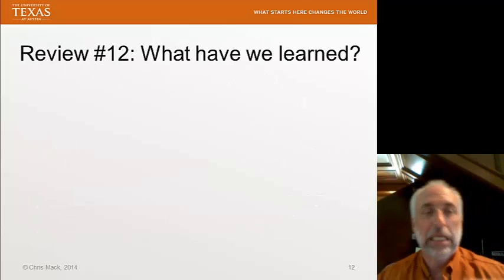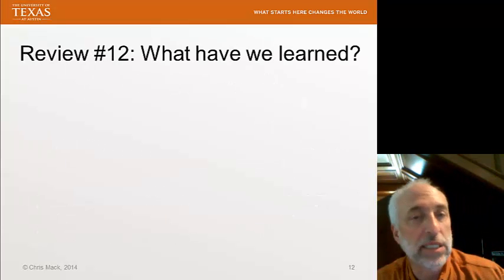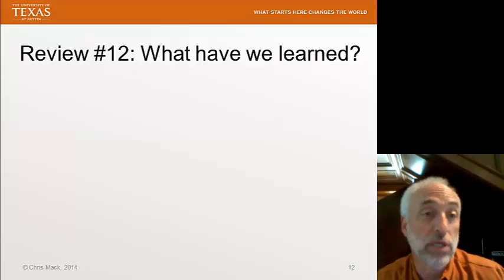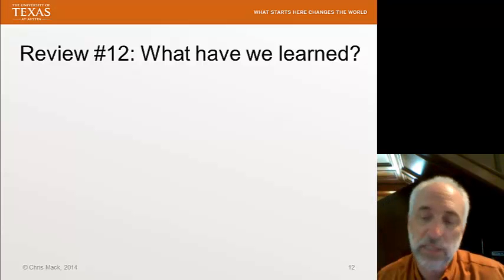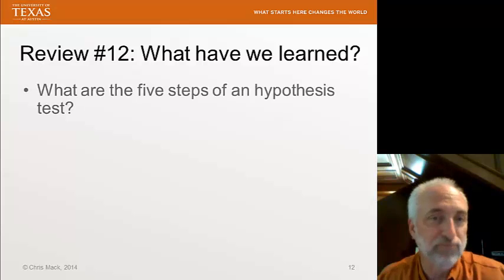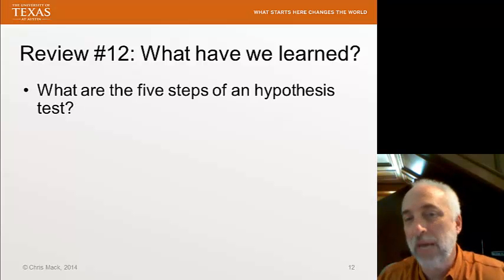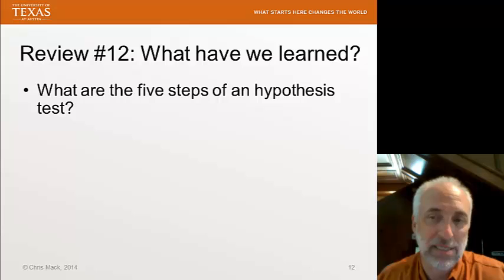All right, let's review what we've learned in lecture number 12. As always, please try to answer these questions as fast as you can. If you find it's difficult, then you probably need to go back and review the material again. What are the 5 steps of a hypothesis test?